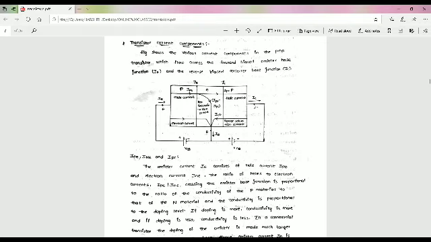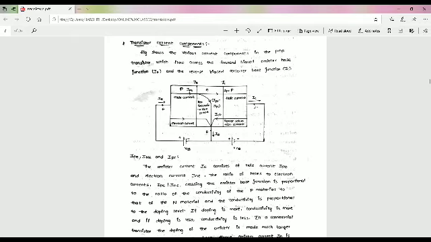And next one, large signal current gain, that is alpha. It is the ratio of current due to injected carriers IPC to the total emitter current IE.